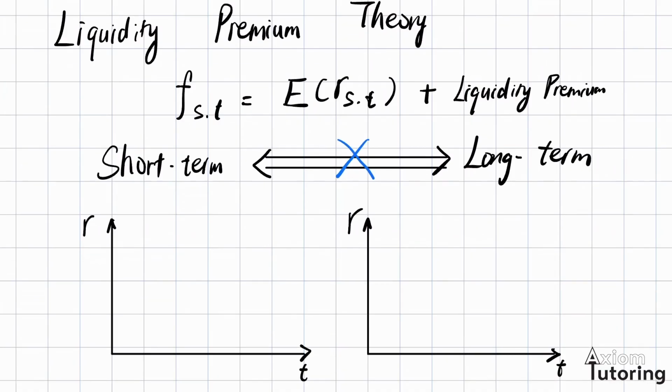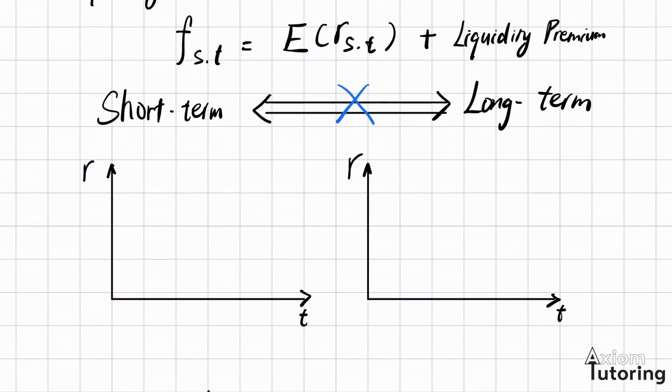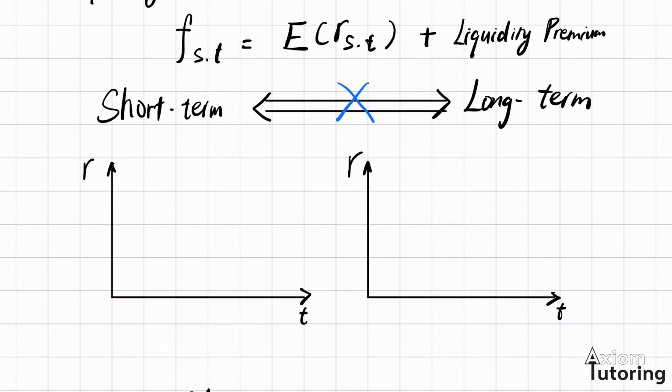Right, so let's compare these two theories. From expectations theory, what type of term structure should we see? The most extreme form of the term structure is a flat one under this theory. For example, if R1 is equal to R2, then my forward rate from year 1 to year 2 must be the same as R1 and R2 as well.